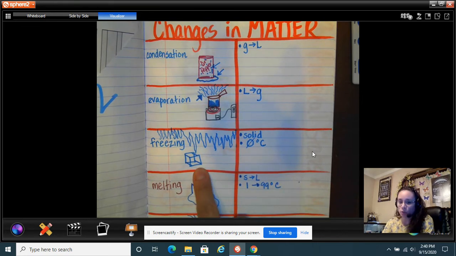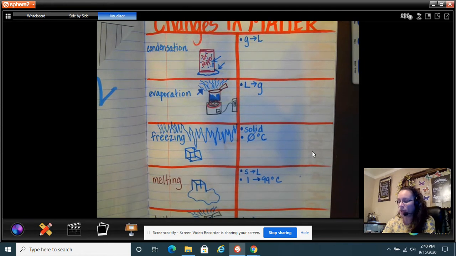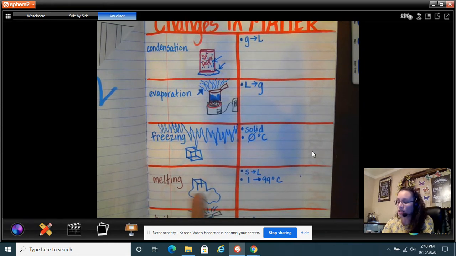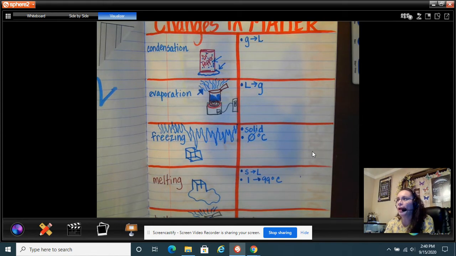So here's my cube. Then the next word on my syllabus says melting. So I drew the same ice cube, but I drew it melting. That means it's going from a solid to a liquid. And when does that happen? Between 0 and 100, so 1 through 99.